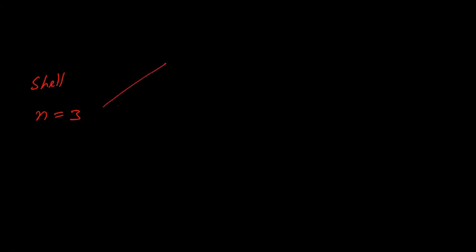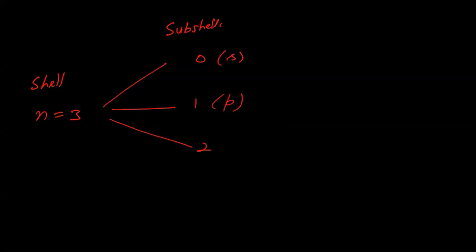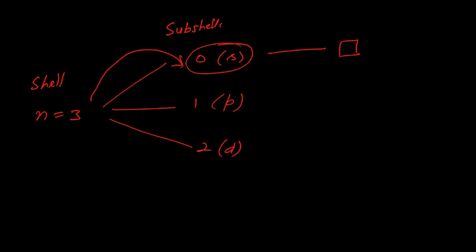In the third shell, I said there will be 3 subshells, meaning l = 0, 1, 2. 0 is represented by S, 1 by P, 2 by D. The S subshell of the third shell will have only one orbital, because the number of orbitals will be from minus l to plus l, that is 0 to 0 in this case, only one. In the second case, it will be minus 1, 0, plus 1. So 3 will be there.